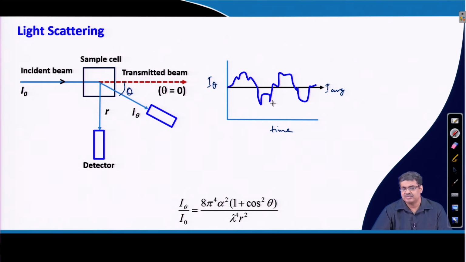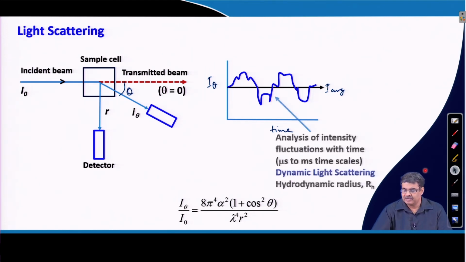Now, we can use both pieces of information, the average scattered light intensity and also the fluctuation in the scattered light in a smaller time frame. This fluctuation can be used to analyze the intensity to find the hydrodynamic radius, which is the principle of the dynamic light scattering technique.